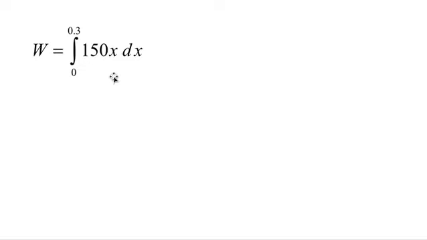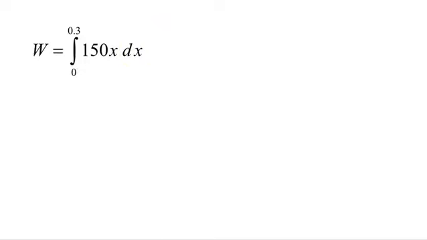So our work will be the integral from 0 to 0.3 of 150x dx. F of x is 150x dx. Integral of the spring constant k times x dx is what's going to work. Integral of f of x dx will give us the work.